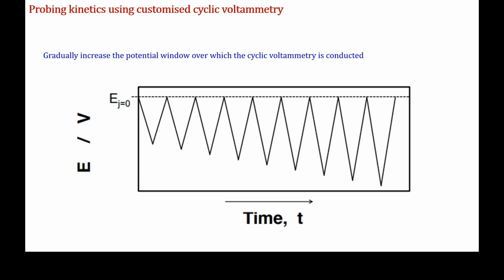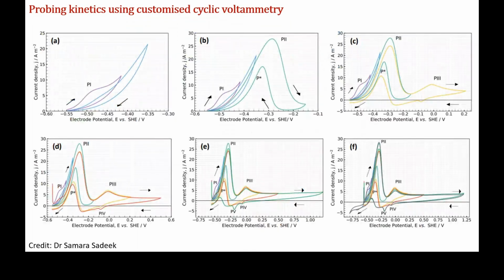And I will show here an example, not from electrodeposition, but from a corrosion study that Samara Sadiq, who's graduated now, did. As we progress from graph A, B, C, D, E to F, we can see that for the individual colors for the sweeps, the limit is increasing every single time. And you can start to see that things start to happen, actually.